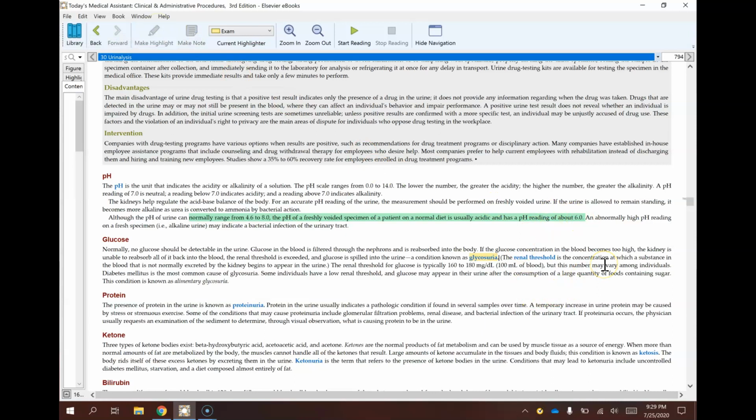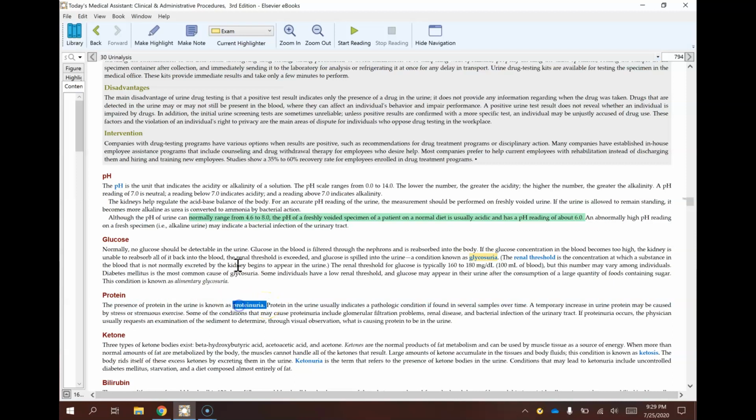If somebody has glucose in the urine, the most common reason is because they have diabetes, but that's not always the case. Okay, protein in the urine is called proteinuria.